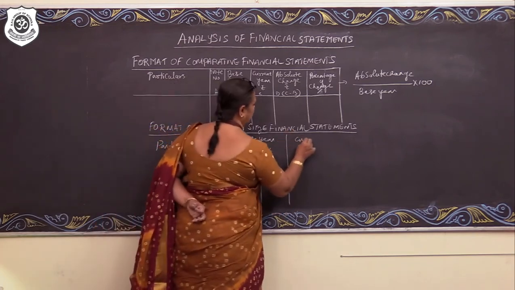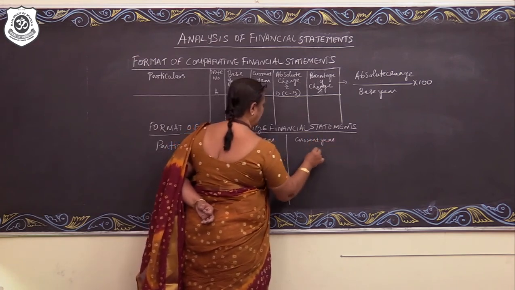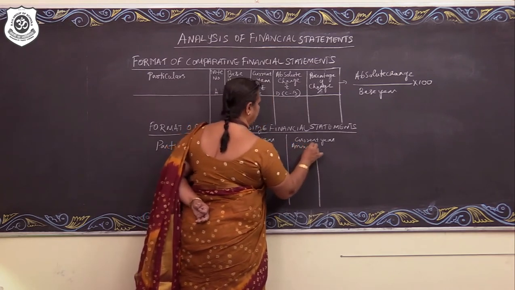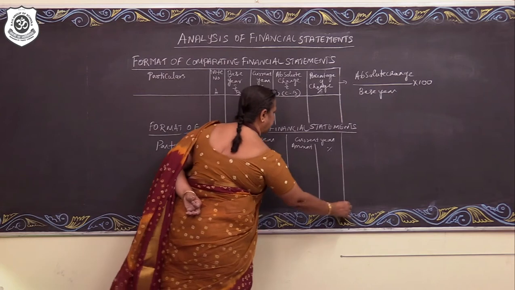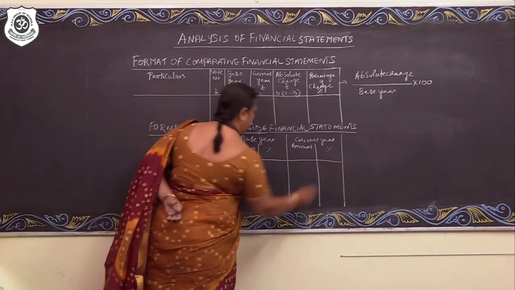Similarly, current year, in that again you are going to divide it as amount, percentage. This can also be company X, company Y.